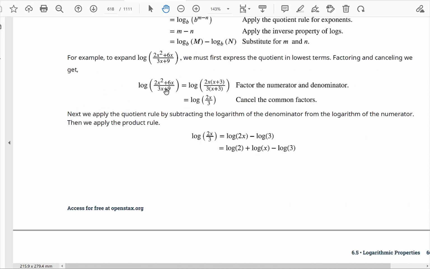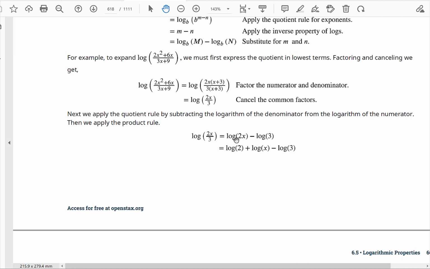Like in this example, they have this expression here. They factor this expression as a product, and they factor this one also. And then they say, let's cancel these two because they are equal, and I have only log of 2x divided by 3. And since this is a quotient, you have a subtraction.